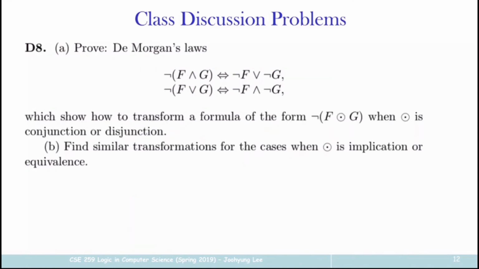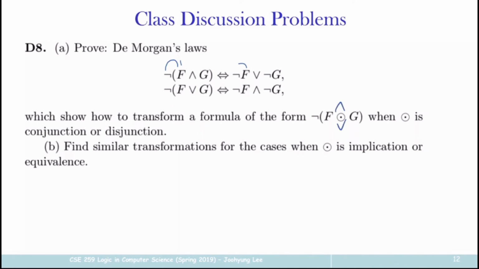The next question is about proving De Morgan's law. What is De Morgan's law? It is basically moving the negation closer to the formulas inside. Can you do the same thing when this is a conjunction or disjunction?